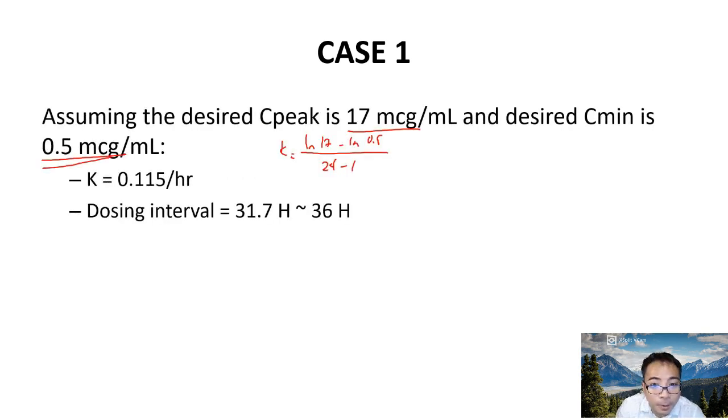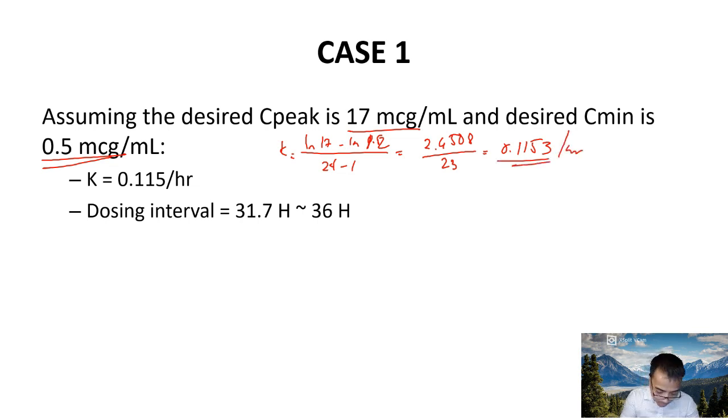That is why I could not get it. ln 17 minus ln 1.2, because I need to get the actual K. That is 2.6508 divided by 23, which is 0.1153 per hour.